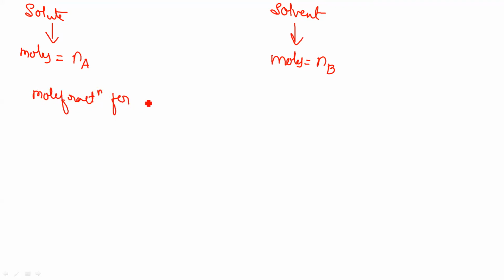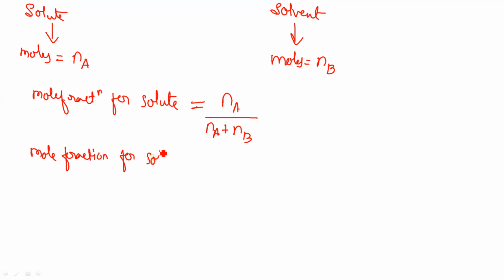for solute, chi A equals Na upon total moles in the solution. Similarly, mole fraction for solvent, chi B, will be given as Nb upon Na plus Nb.